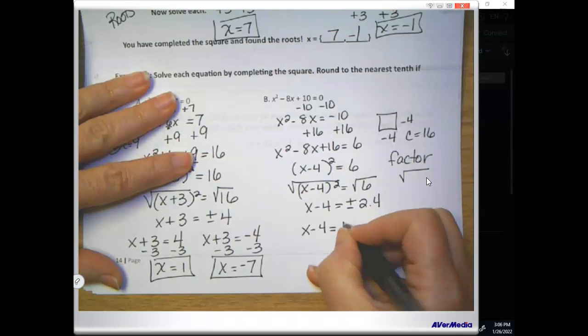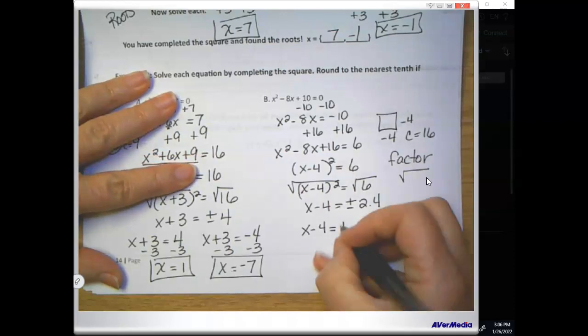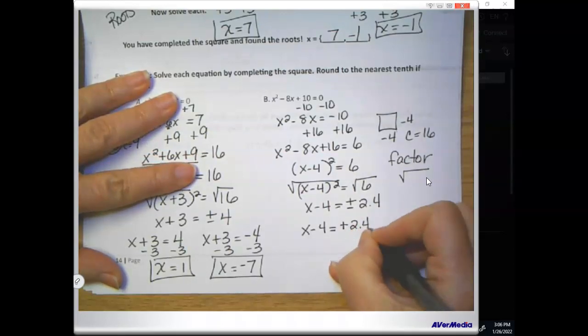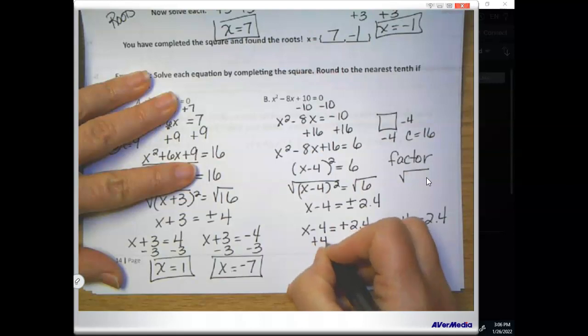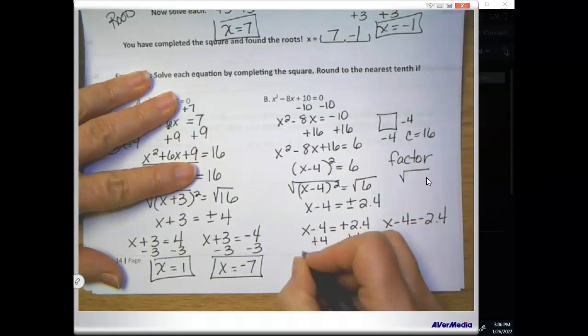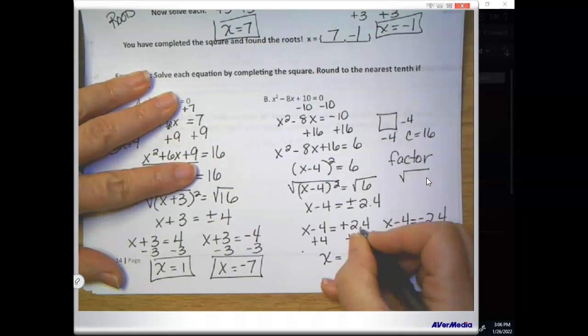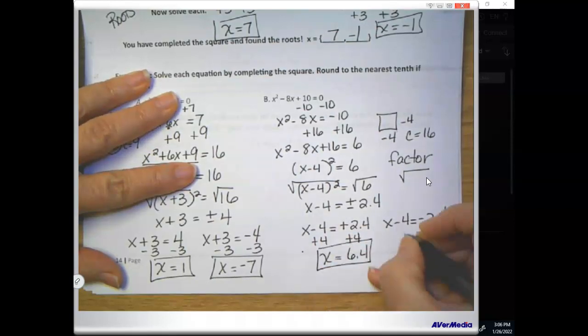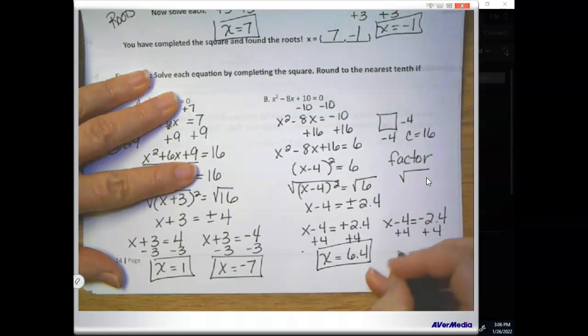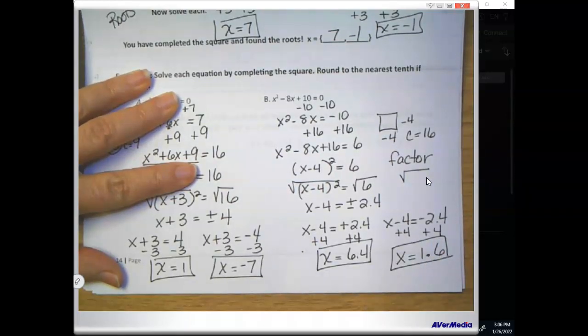X minus 4 equals a positive 2.4, and x minus 4 equals a negative 2.4. Solve for x. X is equal to 6.4. So don't freak out with these decimals. It's not going to hurt you. Plus 4. And then x equals 1.6. And there you have it.